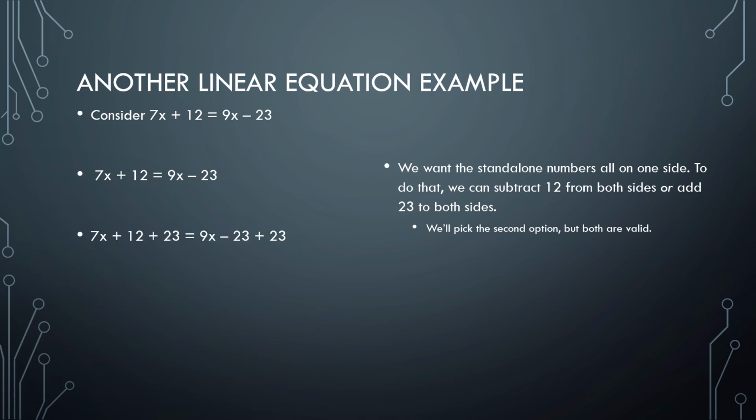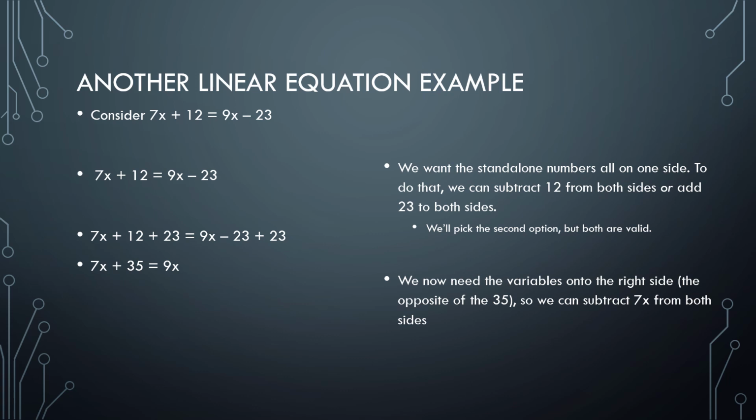So if we do that, we'll get 7x plus 35 equals 9x. Remember, the minus 23 and the plus 23 cancel, and 12 plus 23 is 35. So now we need to get those variables on the right side. And we want them on the right side because that's the opposite of where we've just seen this 35.